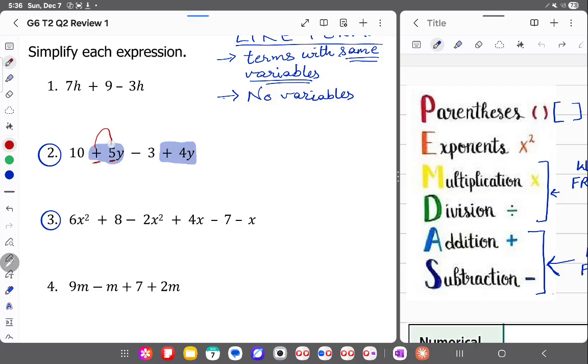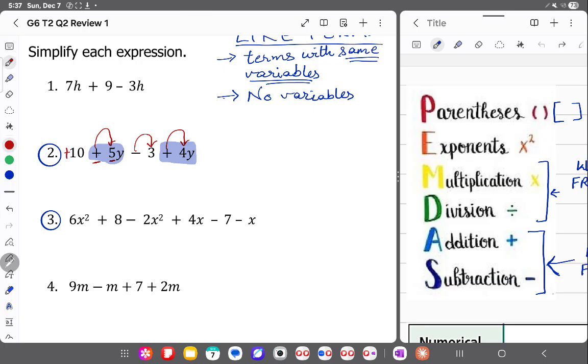So always this sign goes with this 5, this negative sign goes with 3 and this positive sign goes with 4. So if you happen to move, you should move with the positive or the negative sign. One more thing, here you don't see any sign. When you do not see a sign, it means there is a plus. Just keep this in mind.